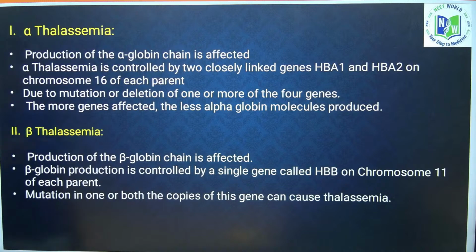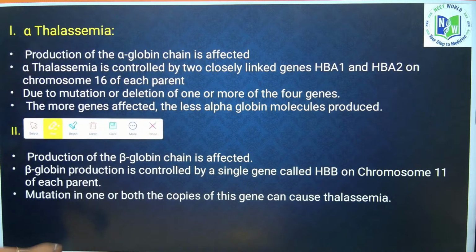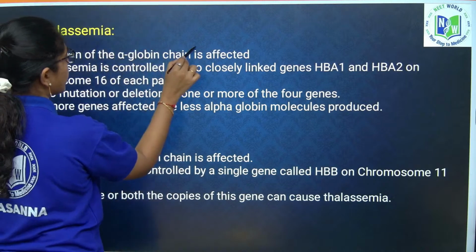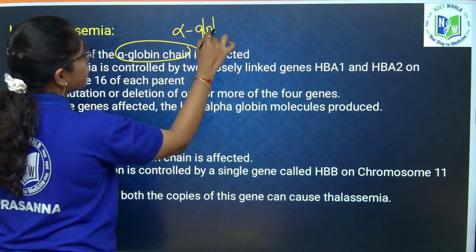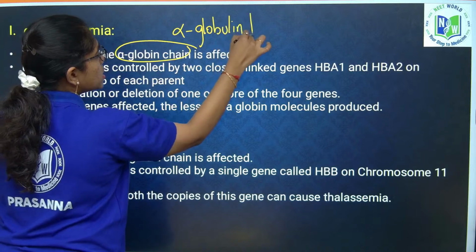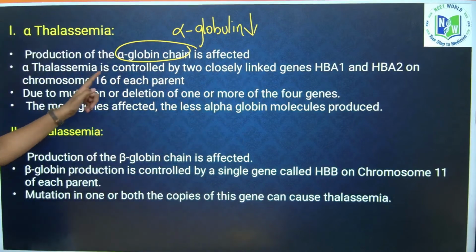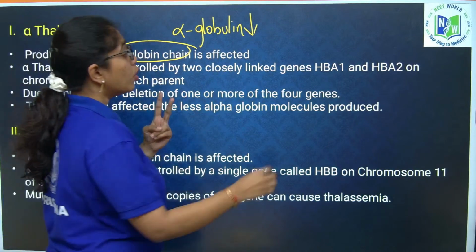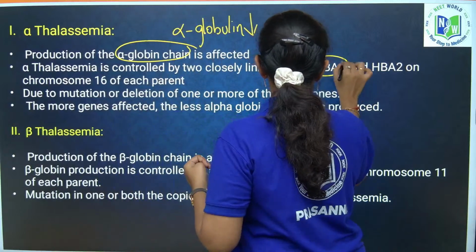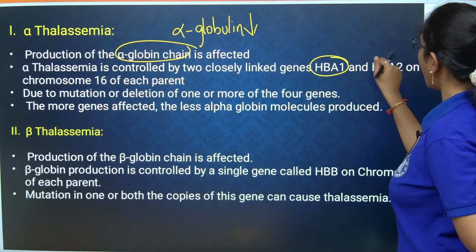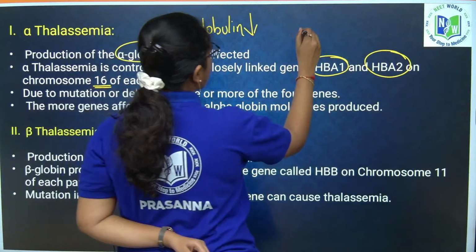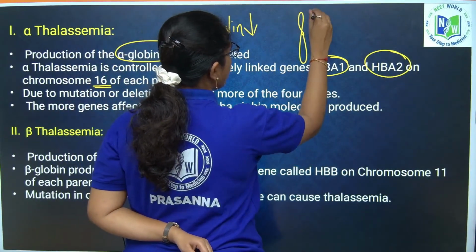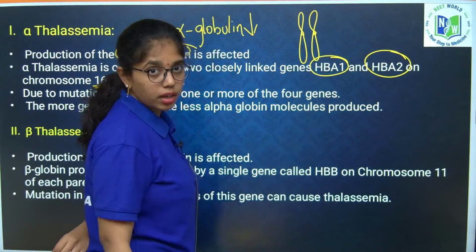If you look into alpha thalassemia, production of alpha globulin chain is affected. Alpha thalassemia is controlled by two closely related genes, that is HbA1 and HbA2 from chromosome 16. Chromosome 16 has one short arm and one long arm.